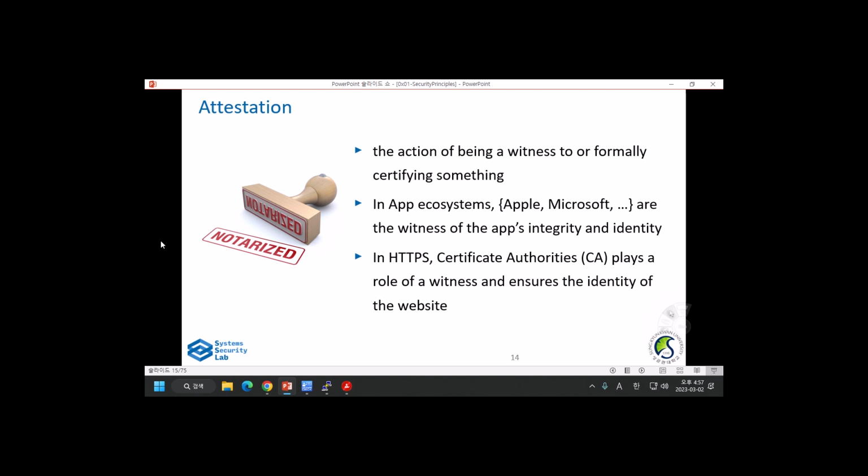And another term that might appear quite often in information security is the attestation. So attestation means the action of being a witness to or formally certifying something. So in any app store that we use, Apple, Microsoft, these companies are witness of the app's integrity and identity, right?